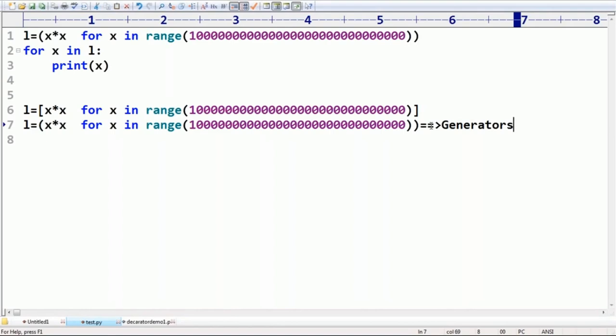In the case of a generator, the values won't be stored in the memory. It just provides them one by one. So it is not required to store in the memory, and memory utilization and performance are improved. For such requirements, better to go for the generators concept. Clear?